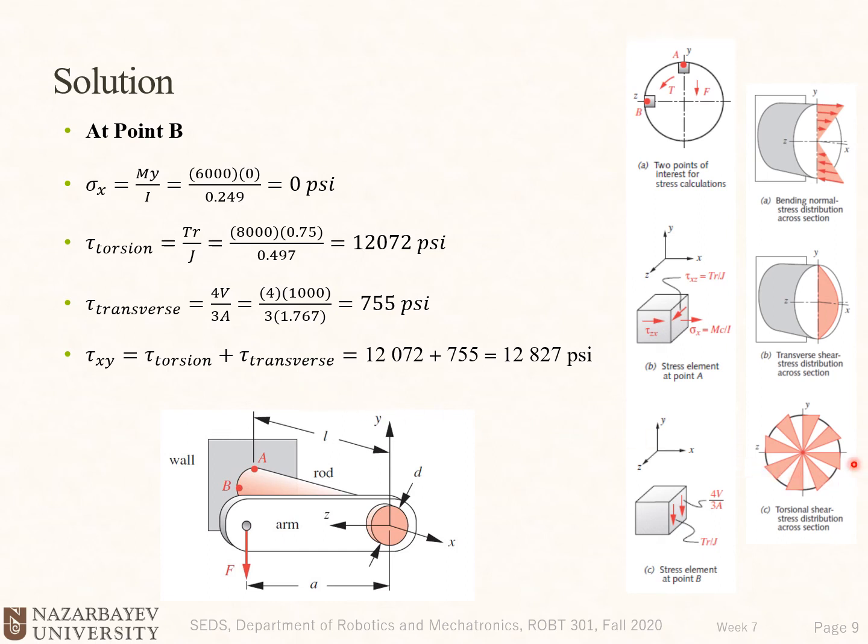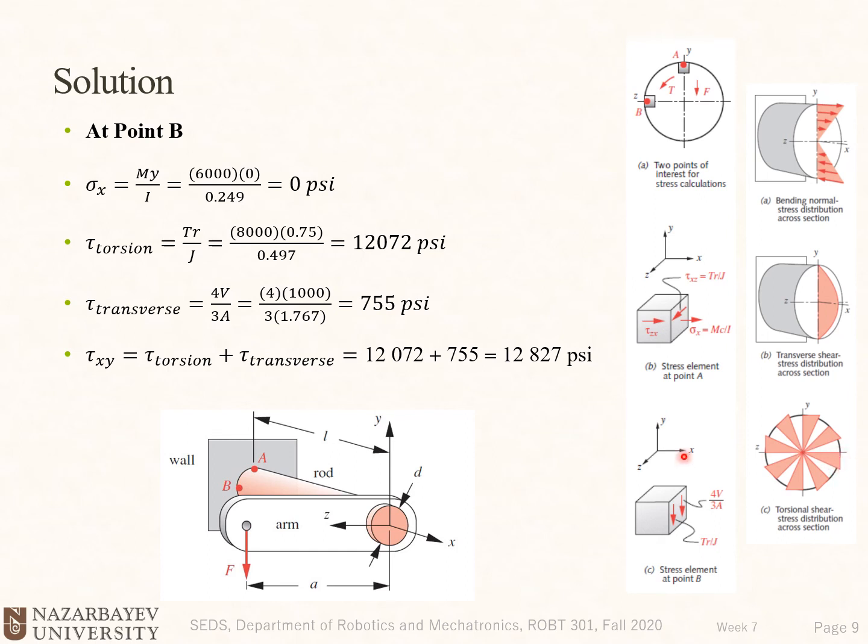And that basically happens here. We could see we have both in the same direction. We said that the direction of the shear stress because of the transverse load is basically downward and sits on the surface, and it's the same as the torsion torque.